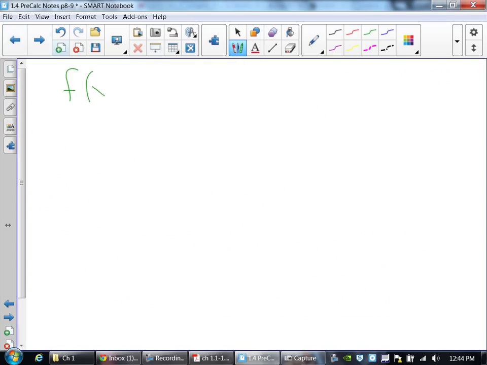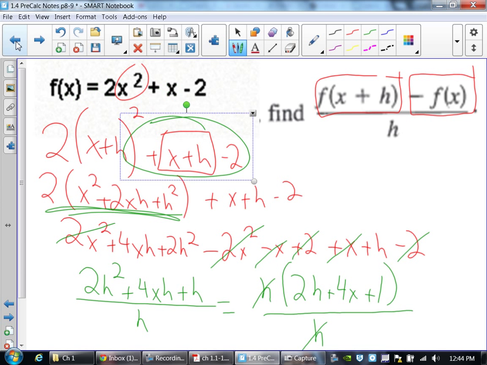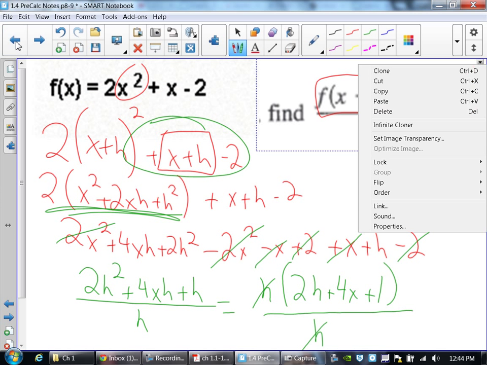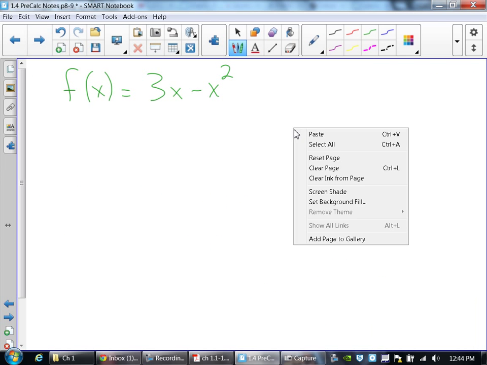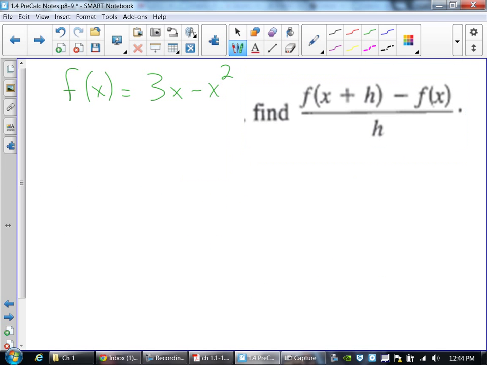Now I'll look at this real quick. Same. And what was the same rule here? Same basic idea.